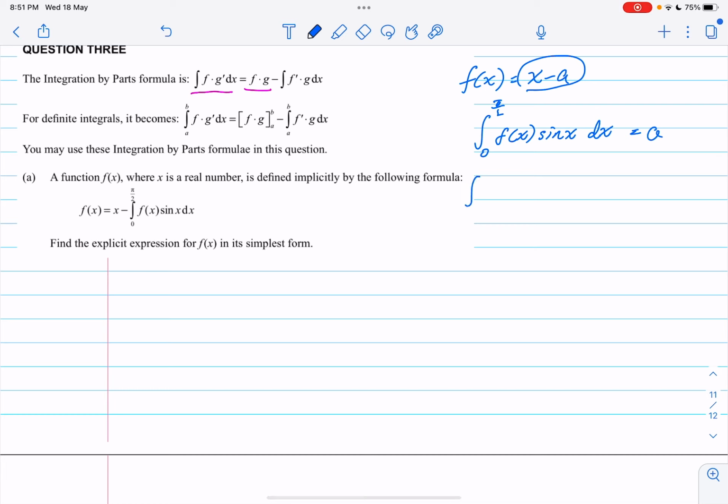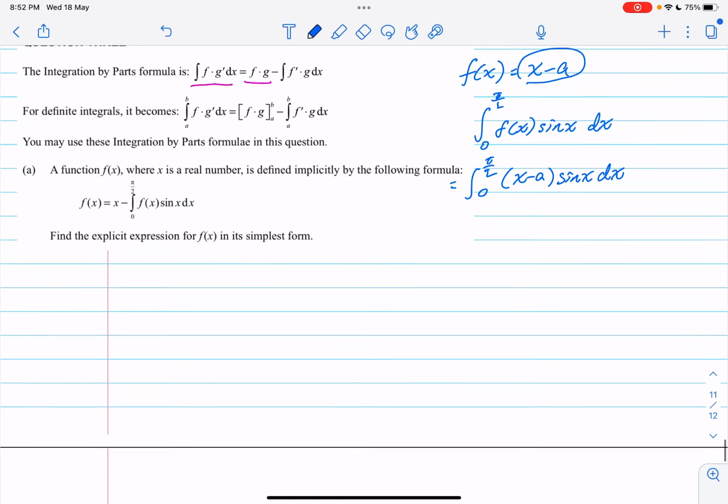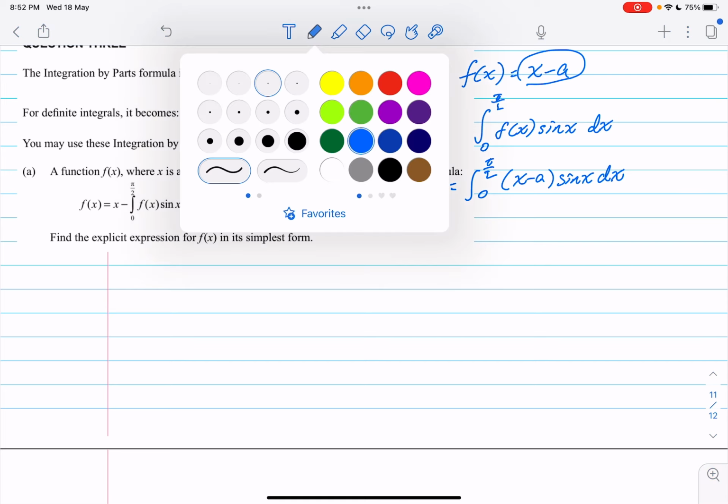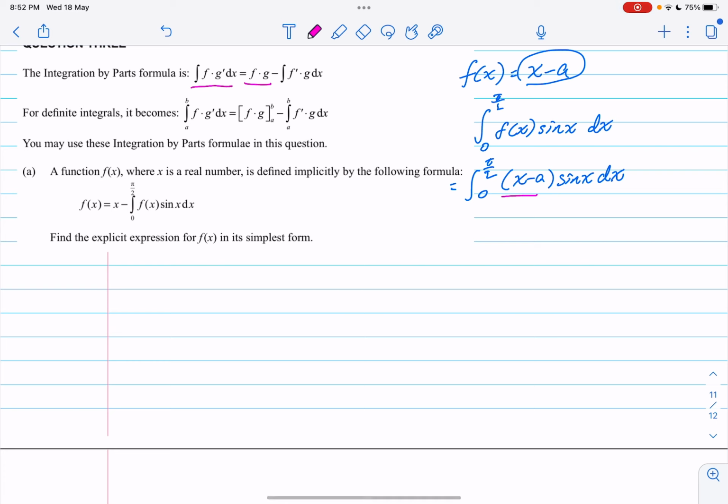So now we can do, well, I'm just going to ignore this part. I'm just going to keep going on with this part. Yeah, and then we've got this, okay? And now we can use the integration by parts formula because we have two functions here. And what we're doing now is we're going to find the f and g's.